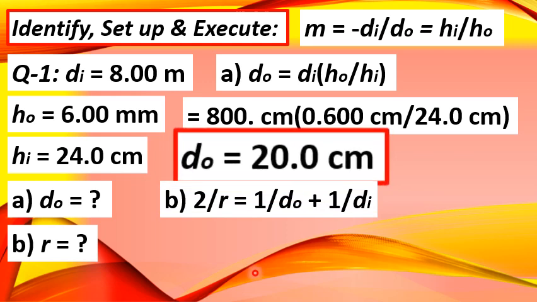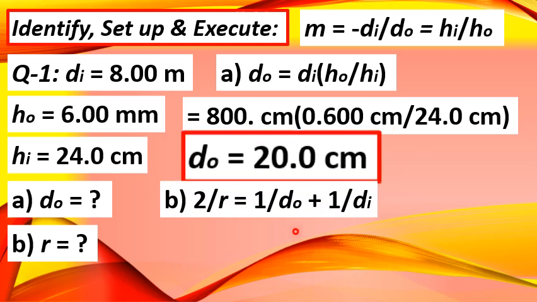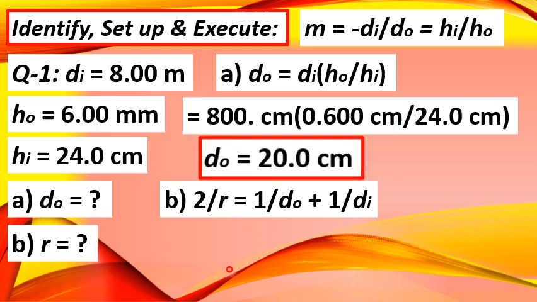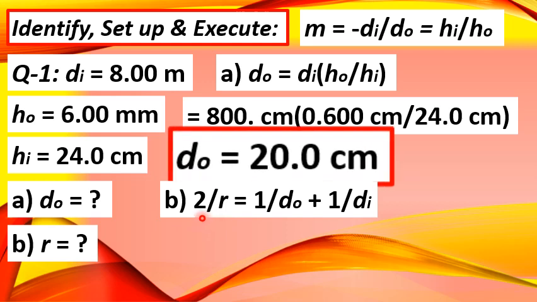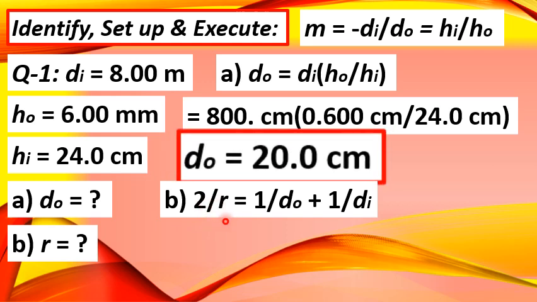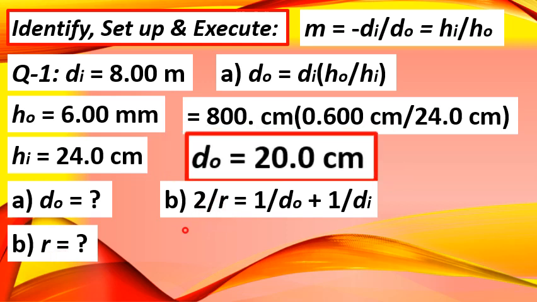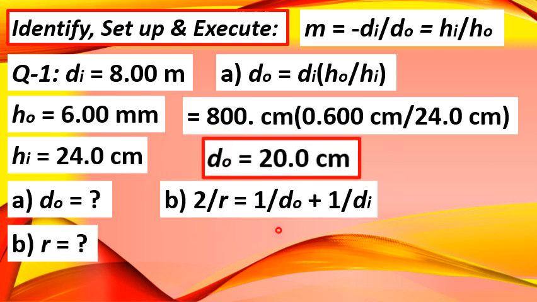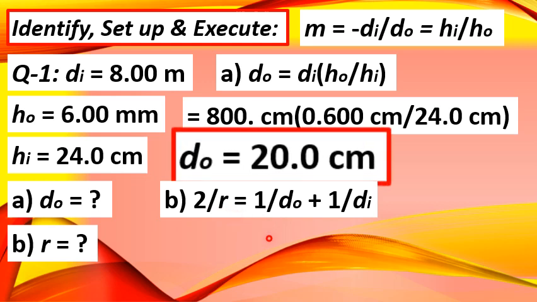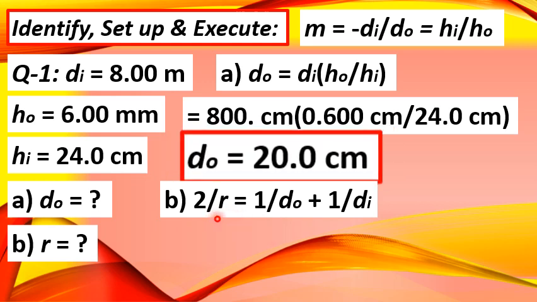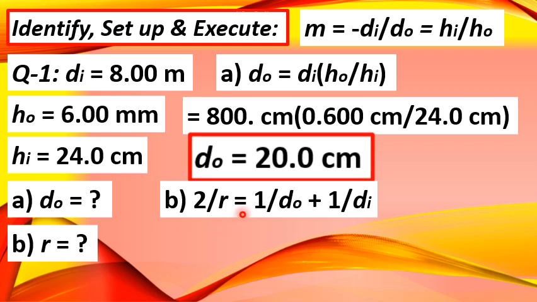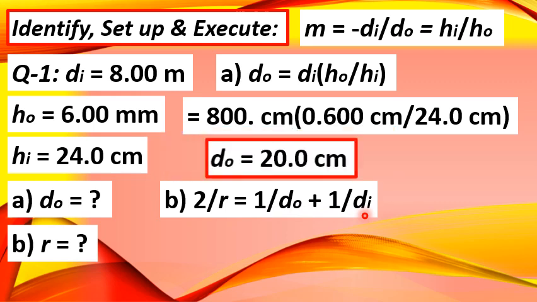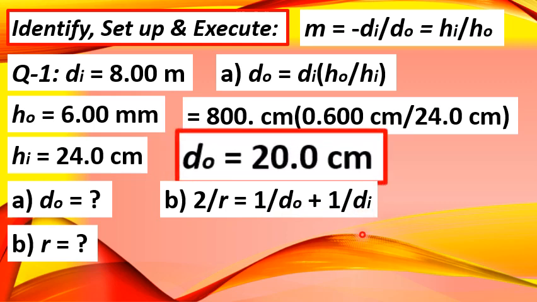And for letter B, to compute the radius, small letter r, we use the formula 2 over r, because the radius r is in fact equal to twice the focal length, and the reciprocal of the focal length can also be expressed as 2 over r, and that is equal to the reciprocal of the object distance plus the reciprocal of the image distance.